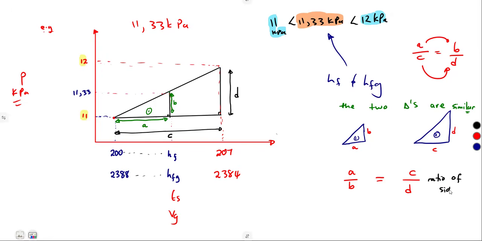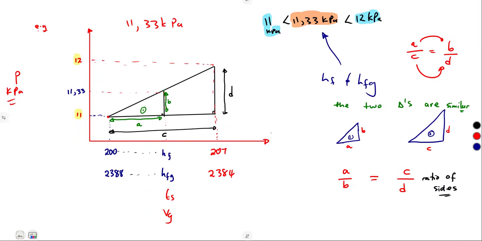Take note, guys, this is from our mathematics, and we must be very careful about this ratio of sides. If you take A to C, B to D, it's fine. Or you can take it this way that I've done, A over B, C over D. So this is the ratio that you're going to have.